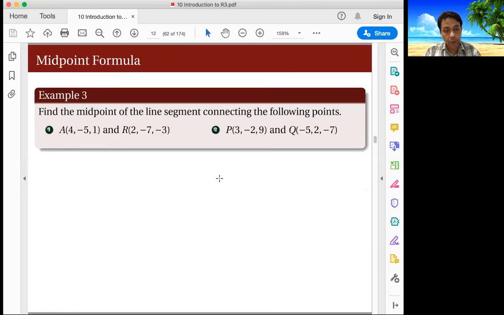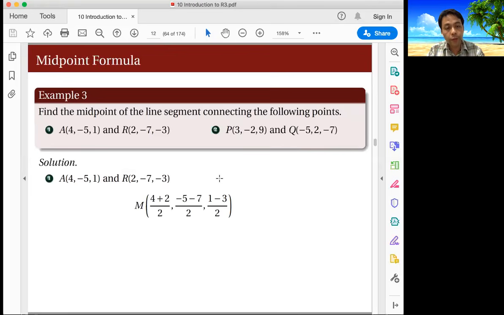For the first pair, we get (4 + 2)/2, and then (-5 + -7)/2, that is the same as (-5 - 7)/2, and (1 + -3)/2, or (1 - 3)/2.